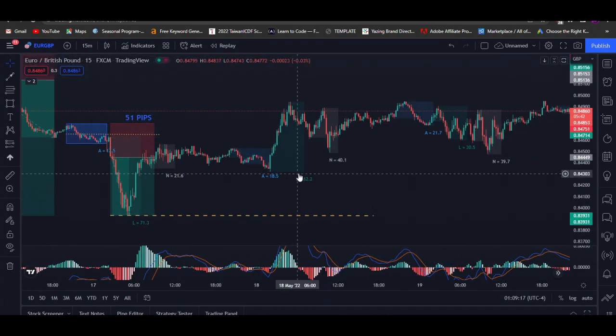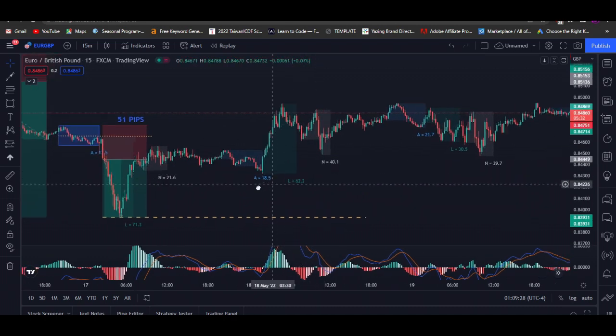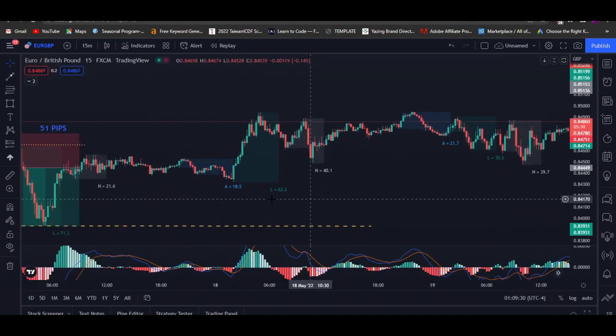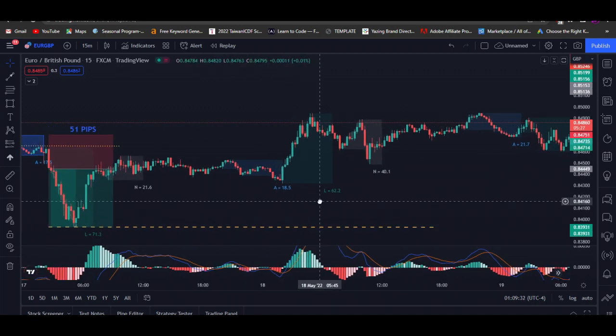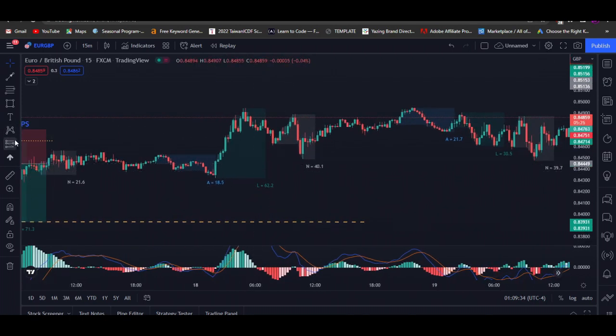And in this case, price was just a little bit under 40 pips away. But we normally take this type of trade, and they're very profitable as well.